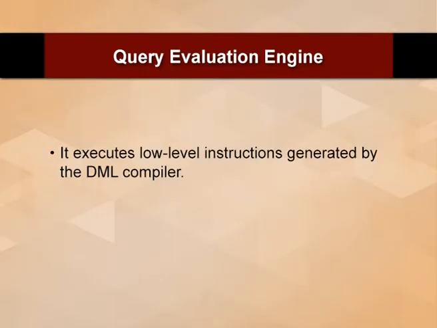So, let us see what the query evaluation engine is. This query evaluation engine executes the low level instructions generated by the DML compiler. The user has given one DML statement just to update so and so record with so and so value.